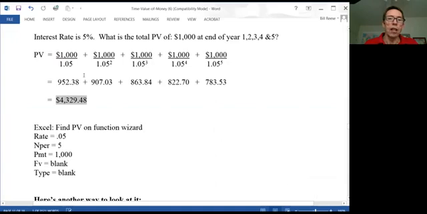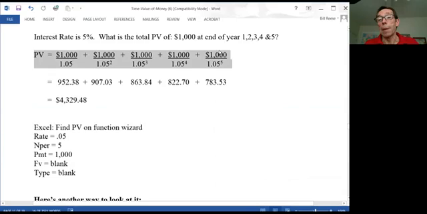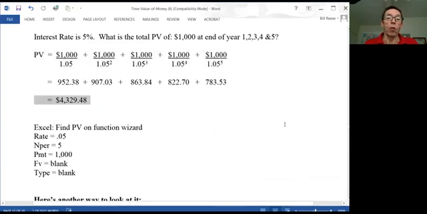And what Excel has done here, if we go back to our class notes, is exactly what we showed right up there. It took those 5 payments of $1,000, which were in times 1, 2, 3, 4, and 5, brought them each back to time 0 at 5%, and got that answer, $4,329.48.